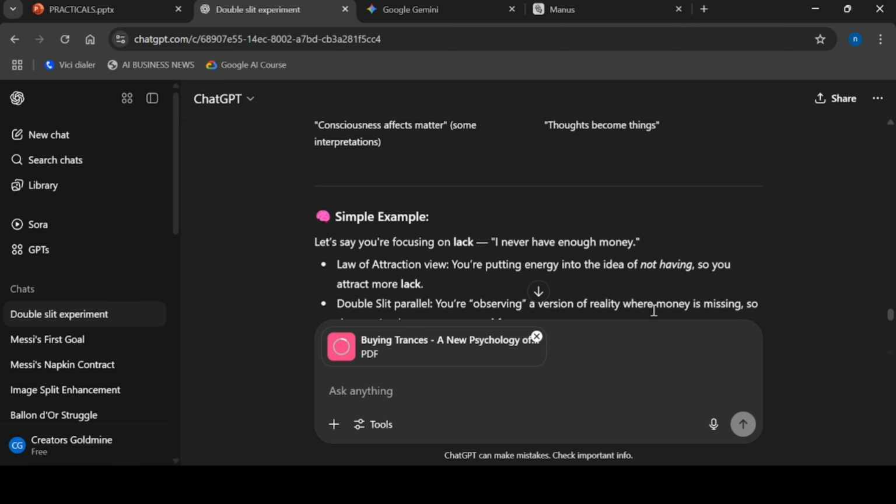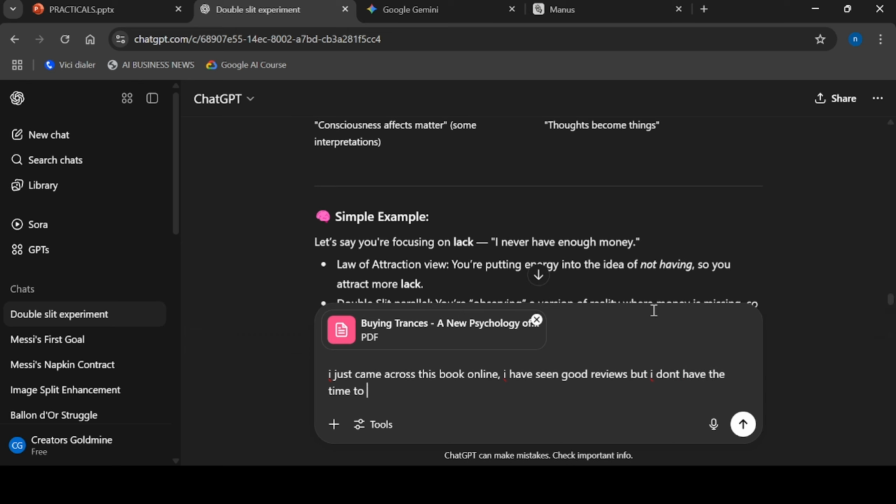Okay, now you click, you locate where the file is on your system, and you upload the book now. Now let's say, okay, I just came across this book online. I have seen good reviews, but I don't have the time to sit down and read the book from start to finish.